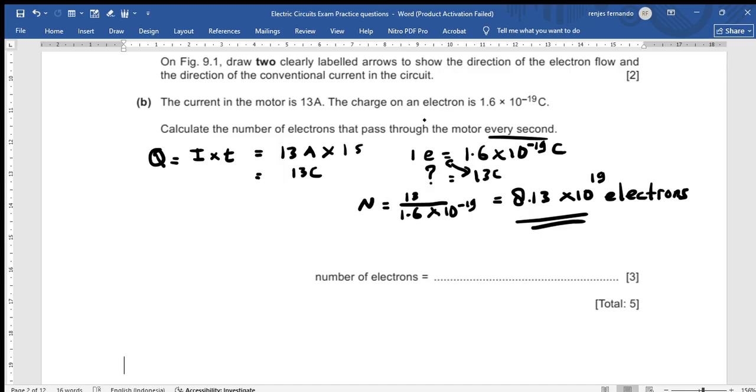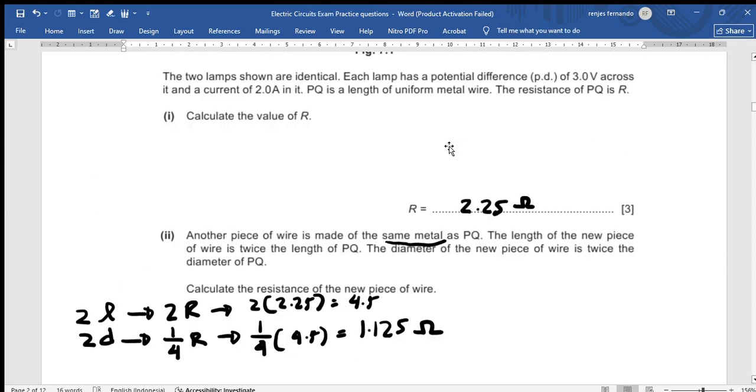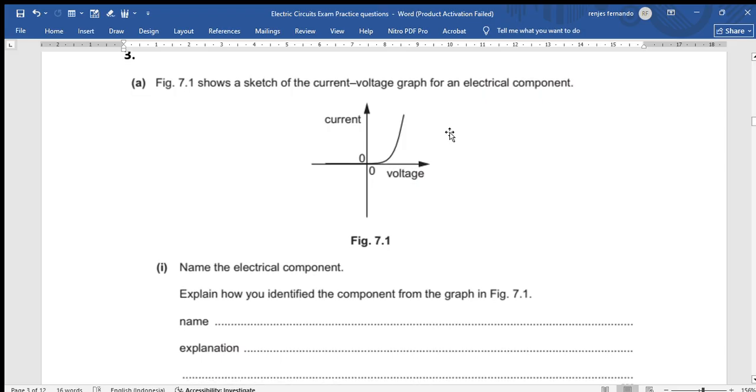Next one. It shows a sketch of the current-voltage graph for an electrical component. Name the electrical component. Explain how you identify the component from the graph in figure 7.1. Name: this is called a diode.